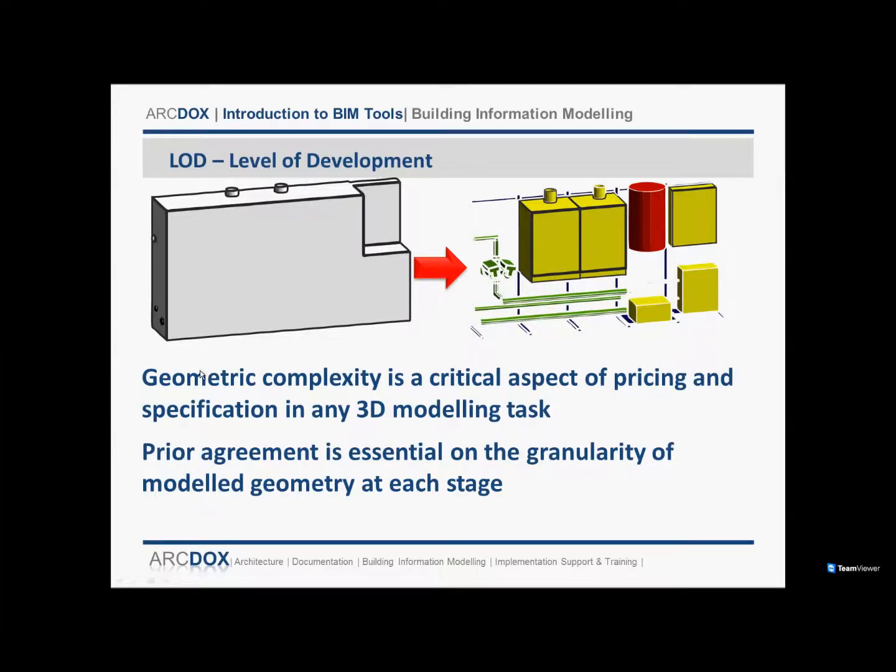So geometry complexity is a critical aspect of pricing and specification in any 3D modeling task, because of the time, labor, and resources needed. Say you had a medium-sized project with many different services in it.